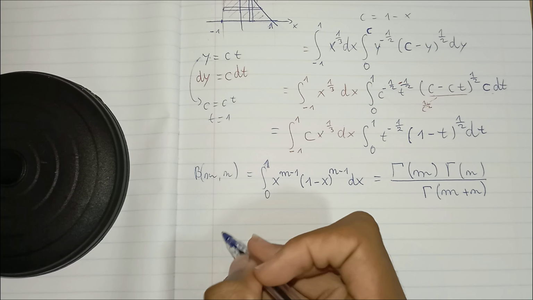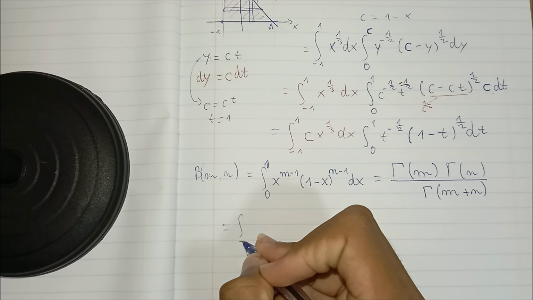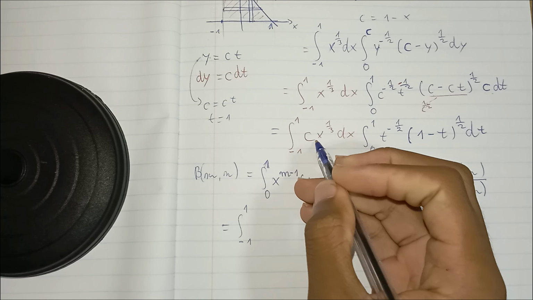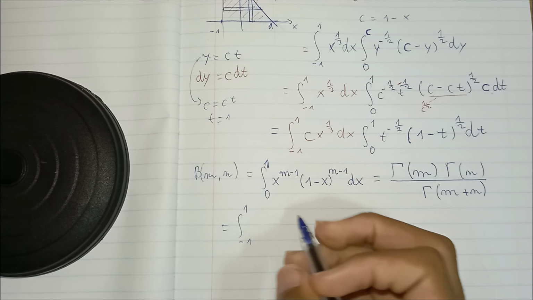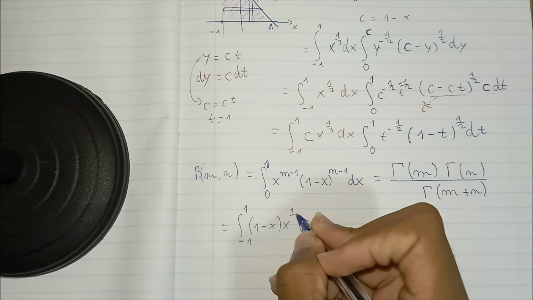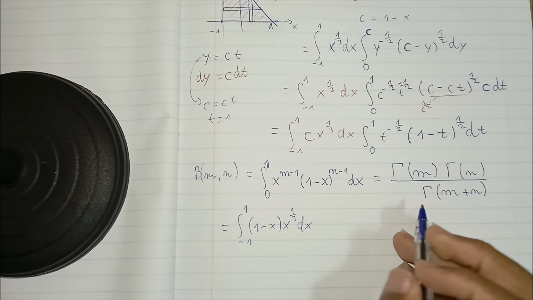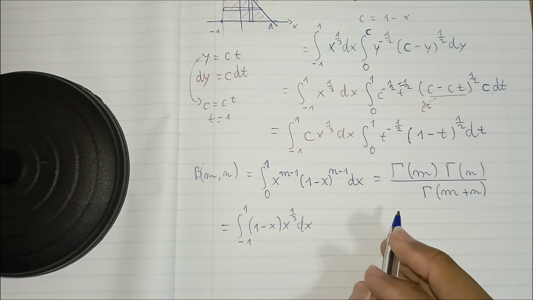Let's go. Now here, this integral from minus 1 to 1, it's equal to this, right? 1 minus x, this, dx, right? Let's evaluate this.